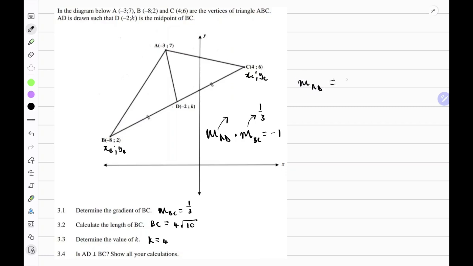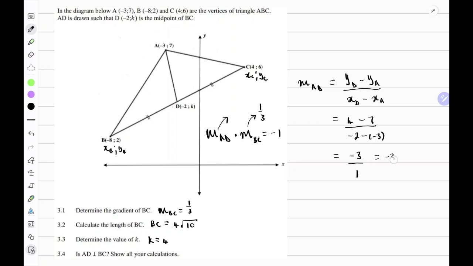The gradient of AD is equal to change in y, which is yd minus ya, all over xd minus xa. So yd is 4 minus 7 all over xd is negative 2 minus xa is negative 3. So this is equal to 4 minus 7 is negative 3 all over minus 2 plus 3 is positive 1.